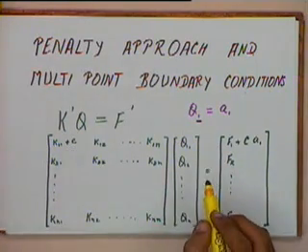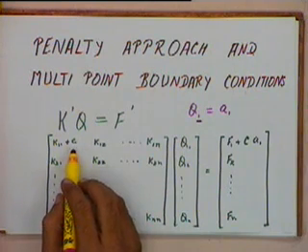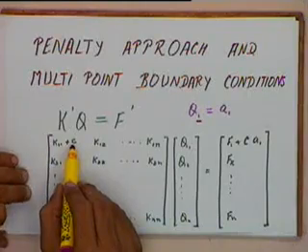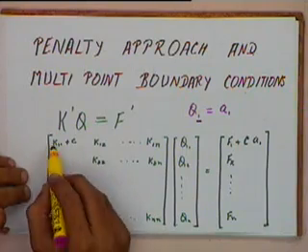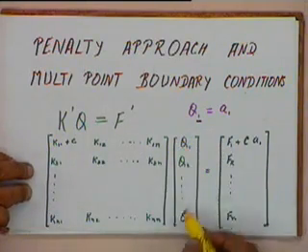Now in this system of equations, the first question is how do we decide the value of c? Just saying that c is some large number is not sufficient, okay, because when we have to solve it algorithmically, we need some way of estimating the value of c. If you notice, this parameter c is appearing only in the first equation. That means this row multiplied with this column is equal to this term.